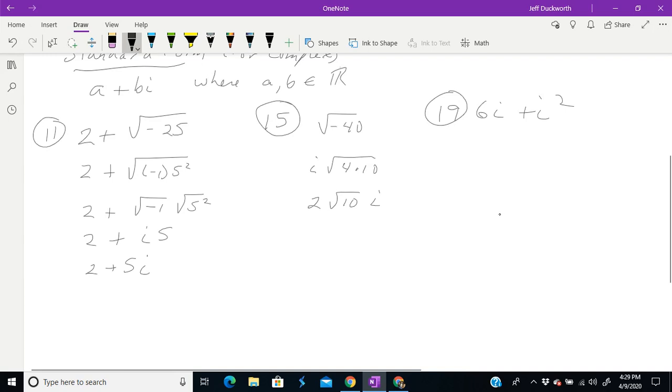So we've got 6i minus 1. Writing it in standard form is negative 1 plus 6i.